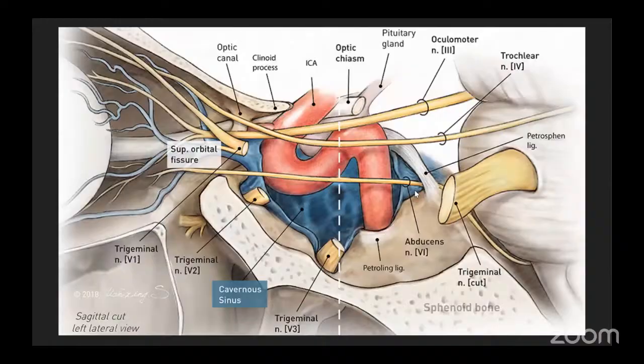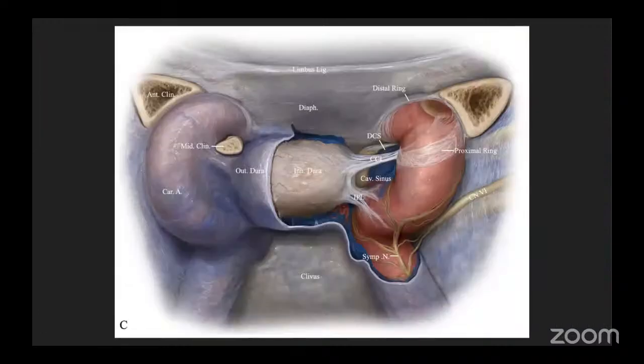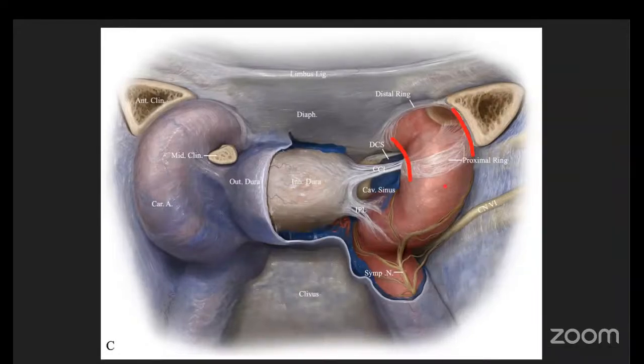This is the sagittal view. And this is slightly posterior to where the anterior clinoidal process was. And you can see here that on the medial side of the anterior clinoidal process, we have the ICA, and this ICA was extradural.